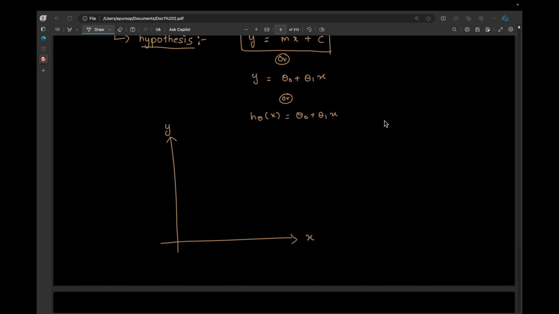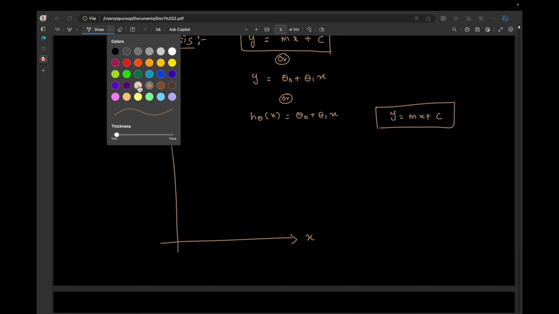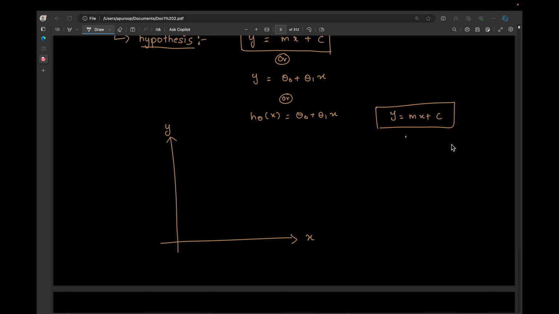If y equal to mx plus c is our line equation, and in this equation c is 0 and m equal to 1, then what will be our line equation? If we substitute c equal to 0 and m equal to 1, then it will be y equal to x, right? So y equal to 1 into x plus 0. So y equal to x will be our equation. And how will this line look?